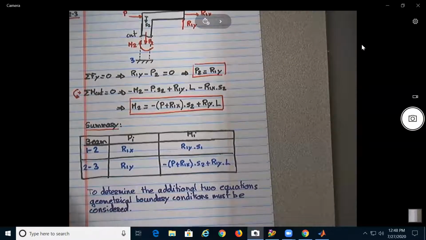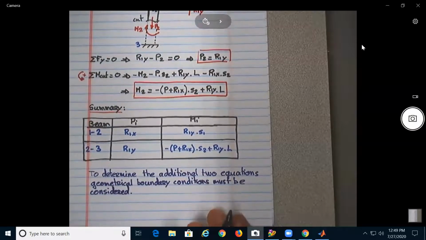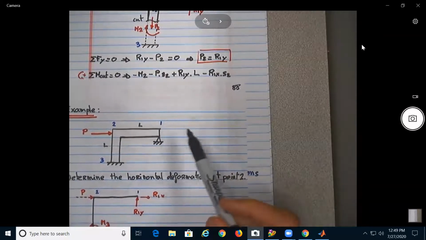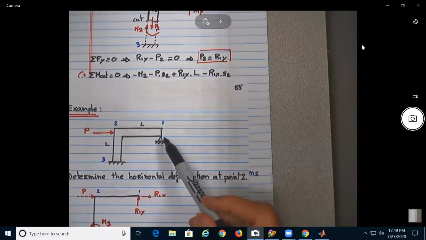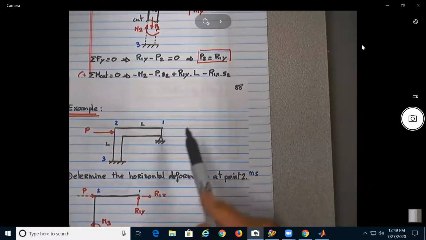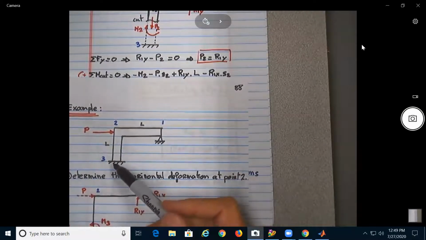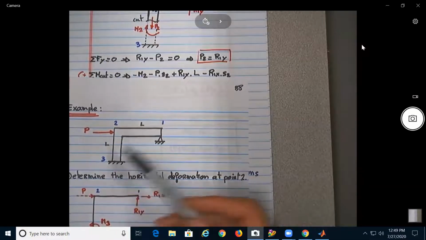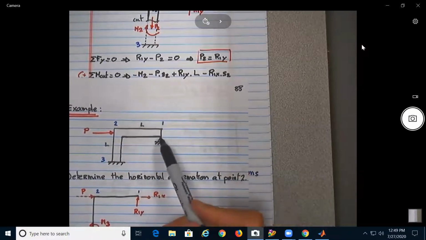So in this case, I kind of mentioned it before, what do we know about it? You need to look at geometrical boundary conditions. Okay, so you could use 0.3, but we didn't find M3, no? So using what we have, we can look at 0.1, correct?